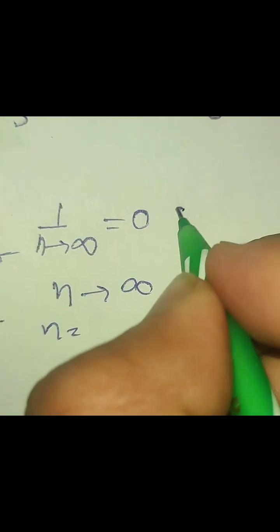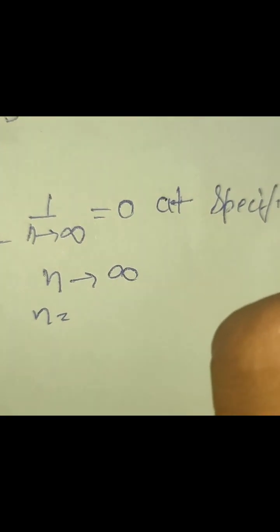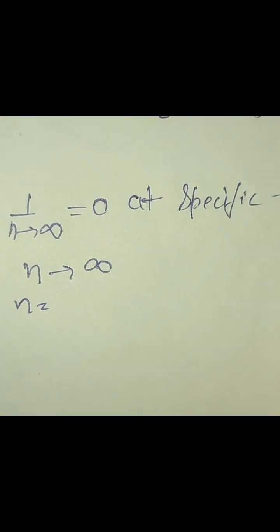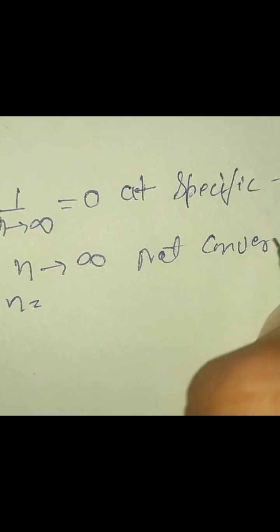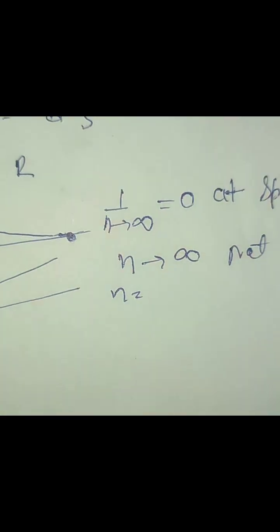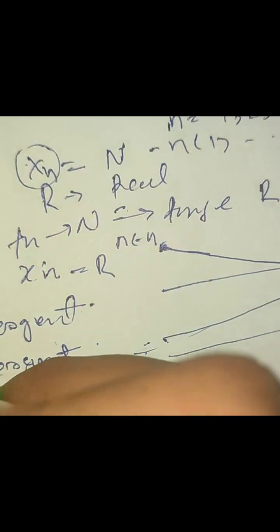Converge means converging at a specific point, and here it does not converge, it diverges. So that is the definition of it.